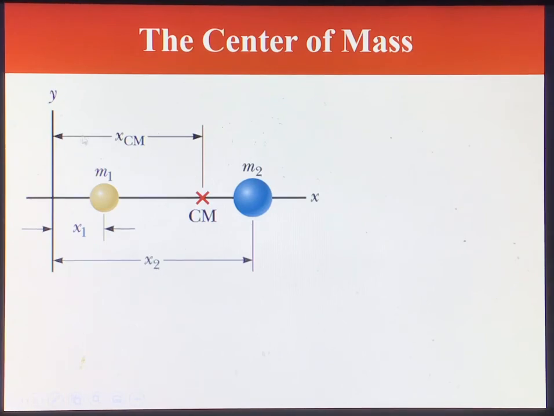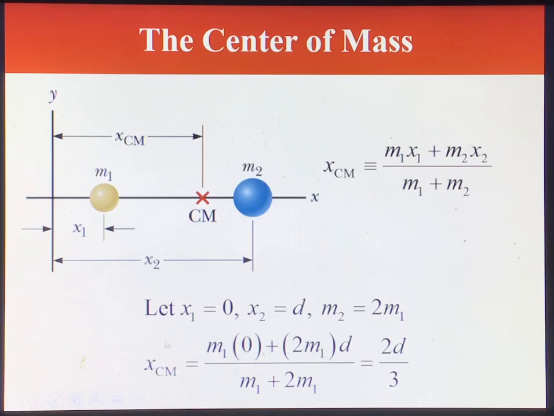Then I can calculate the position vector of the center of mass using this equation right here. So the center of mass is just given by M1 x1 plus M2 x2 divided by M1 plus M2. So this is the equation that I'm going to use when I calculate the center of mass of two objects.